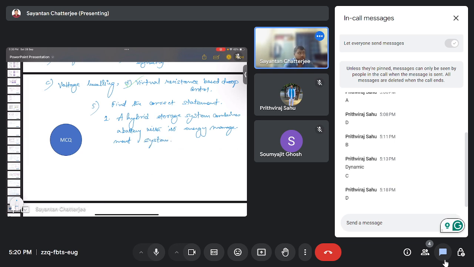So with its energy management system, this is the first statement.